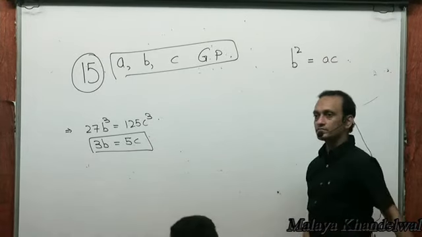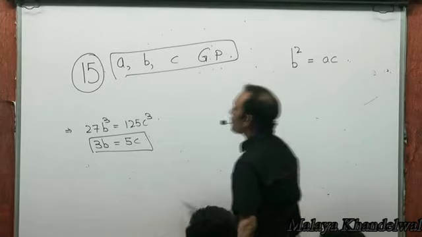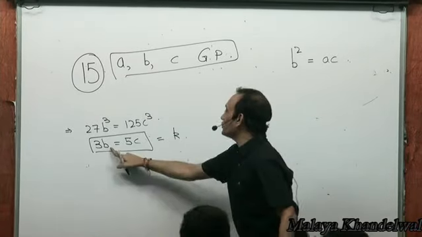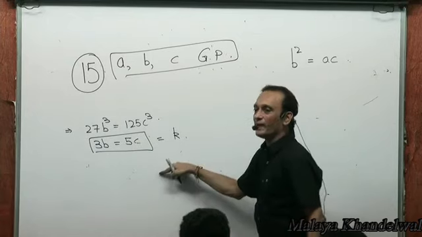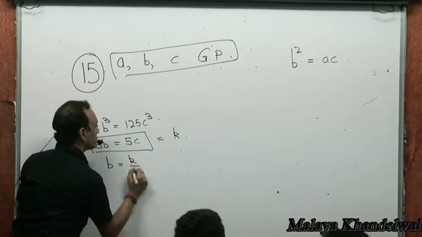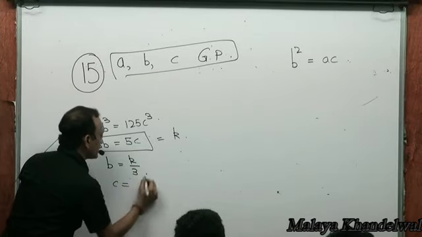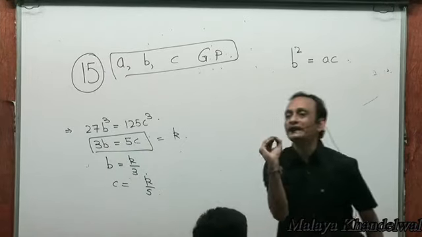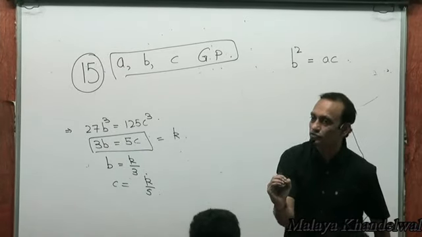B square is AC. Right? So I already have B and C, let's say, equal to some k. So I know B is k by 3 and C is k by 5. So B is k by 3 and C is k by 5. I want to write all sides in terms of a common entity k. This is what I want to be able to do, right?